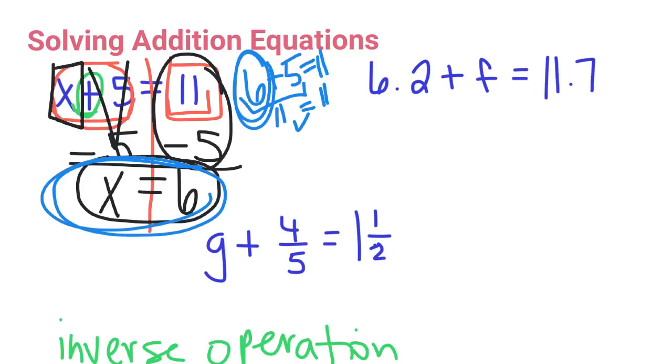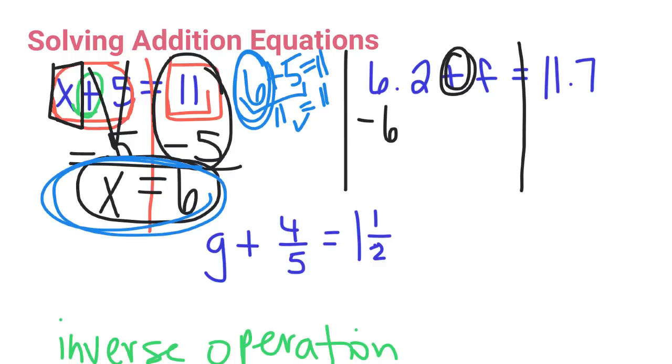Moving on to the second example that's on your paper, we have 6.2 plus f equals 11.7. Again, I'm going to draw my line down through the equal sign so I know that both sides have to be equal to each other. Right now I'm adding, so I need to use the inverse operation, or the opposite operation.